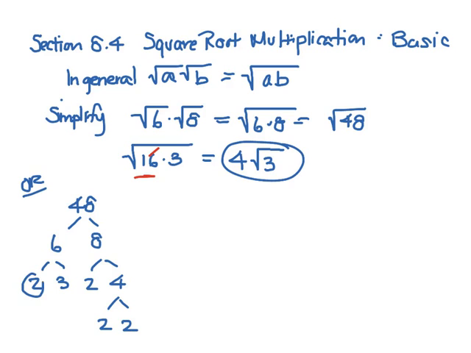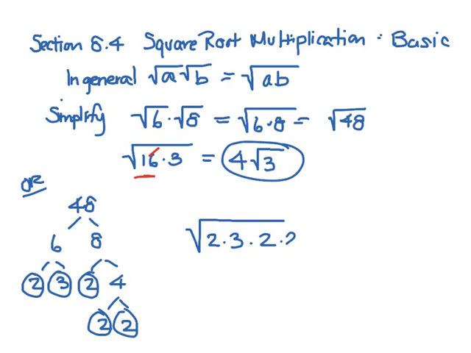So if I look at all of my prime factors, 2, 3, 2, 2, and 2, let's go ahead and rewrite that whole thing as 2 times 3 times 2 times 2 times 2, right?